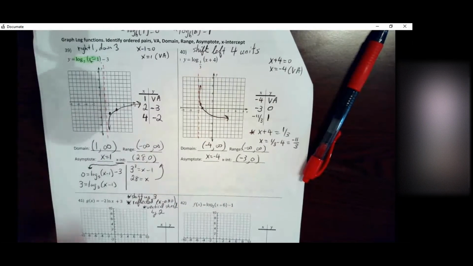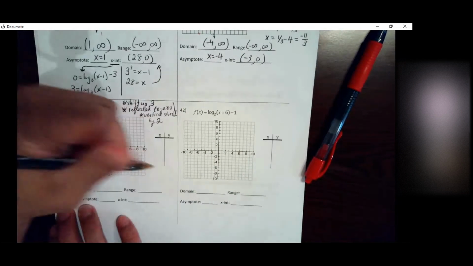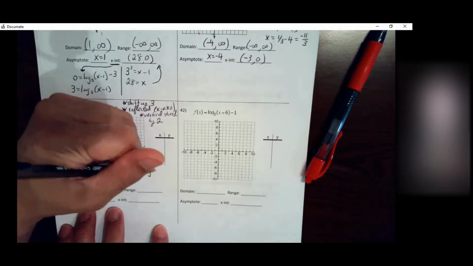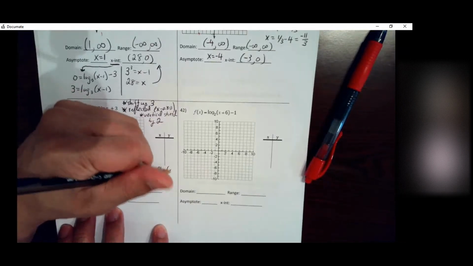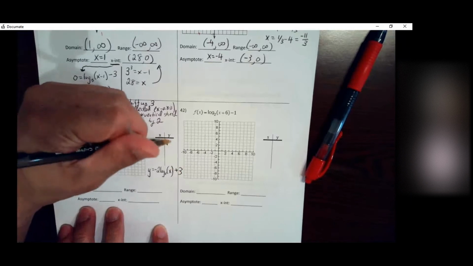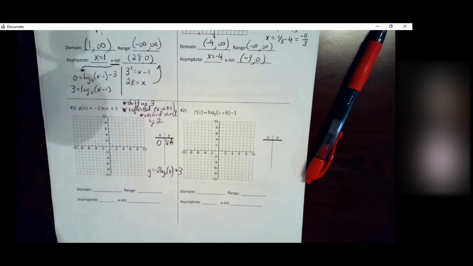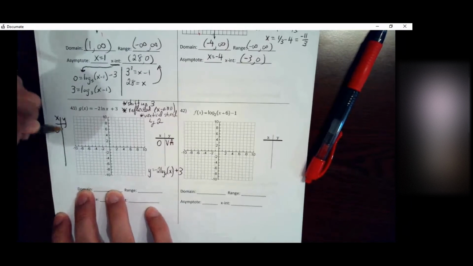Our vertical asymptote is 0. And then when x equals 1, y is 0.